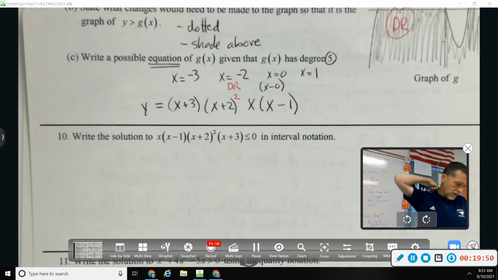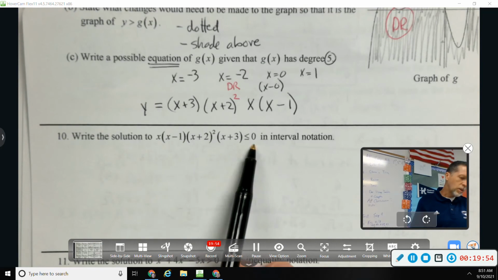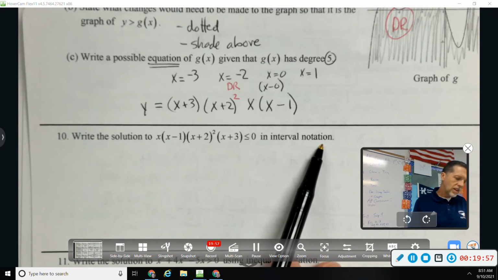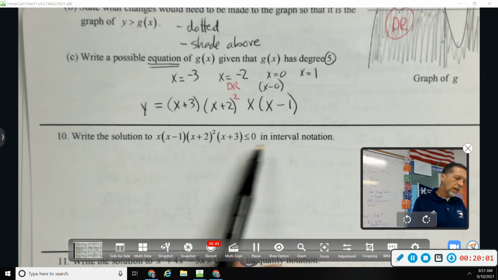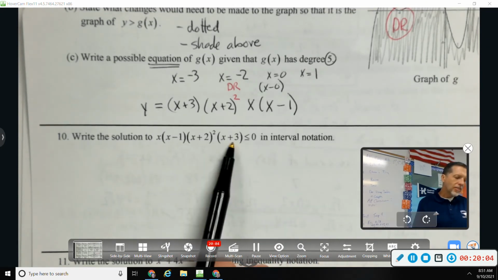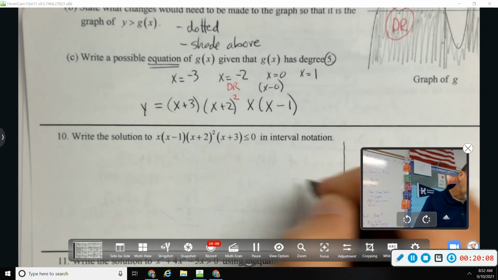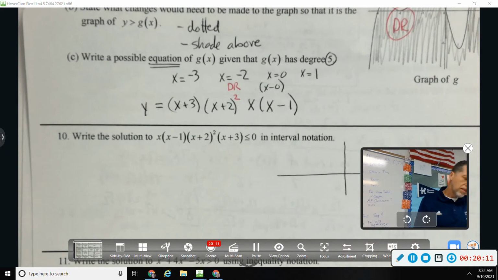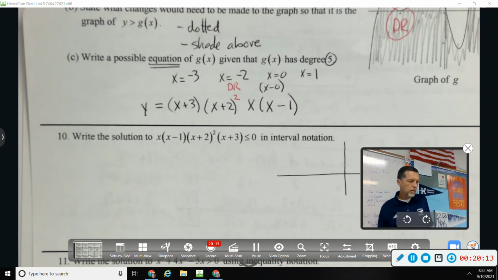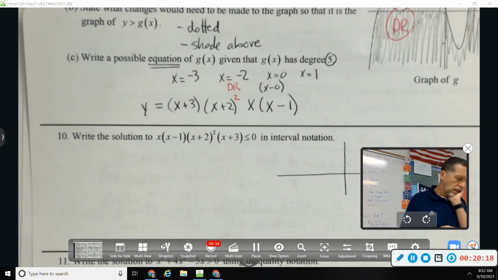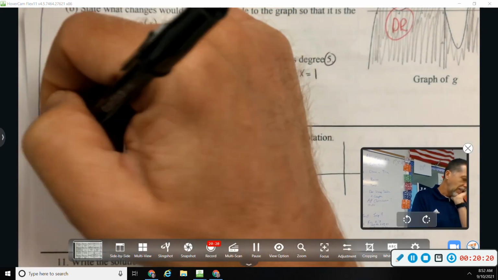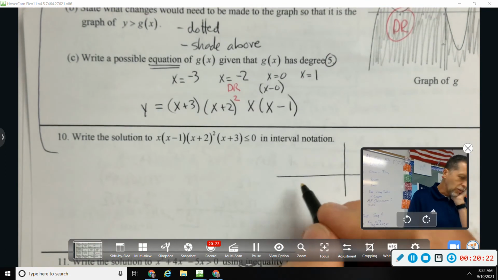Number 10. Write the solution to this one in interval notation. Let's graph this first. And it doesn't have to be a perfect graph. Thankfully, it's factored already. One of them's going to be 0. Actually, look, 9 and 10 go together. Maybe I shouldn't even have pointed that out, because we could have figured this out on our own.